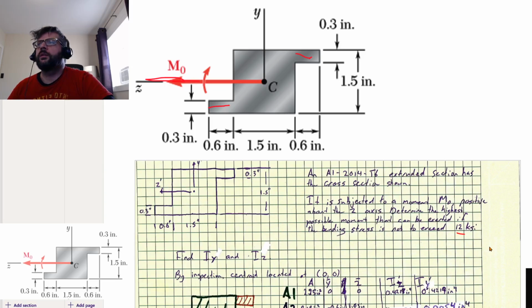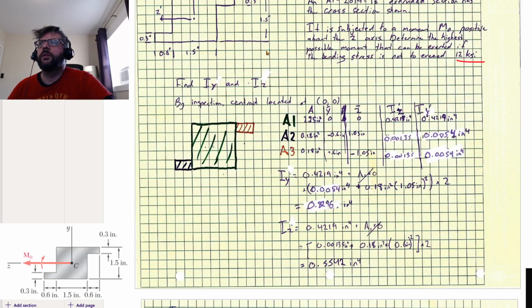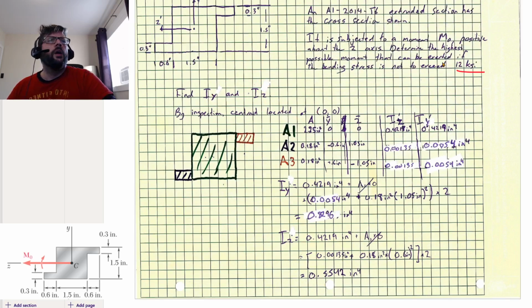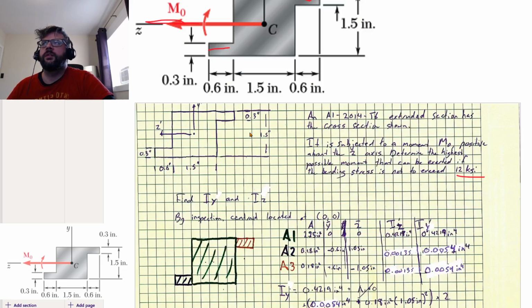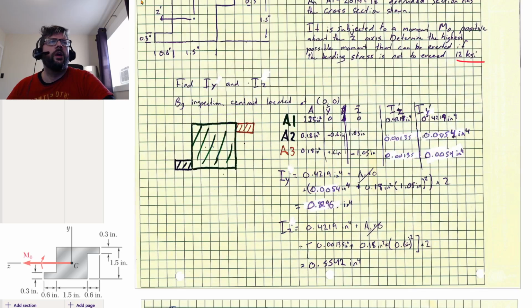So I'm just going to go have a look at this. So we've got the cross section that we're looking at reproduced here.